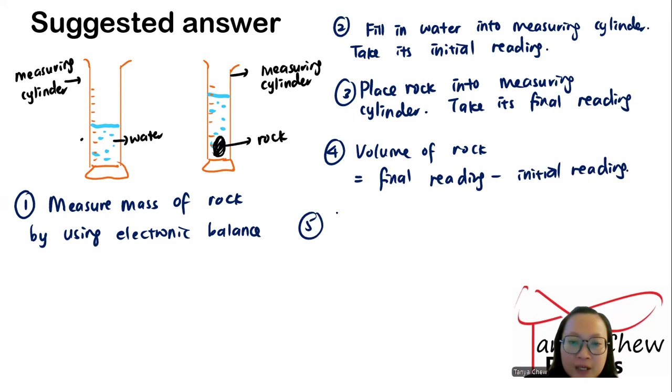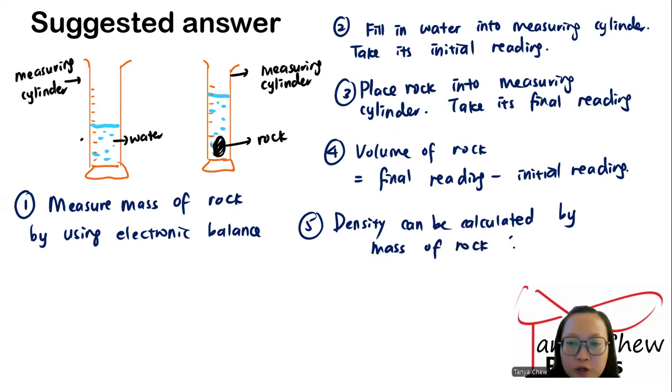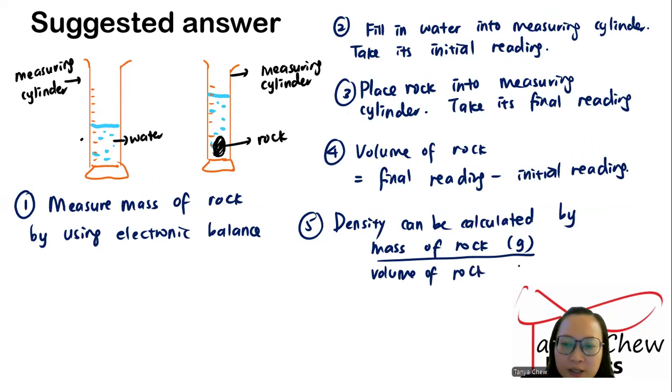And then density can be calculated by mass of rock. If you want to put in unit, it's in gram, because electronic balance will give you the unit in gram, over volume of rock in cm cube.